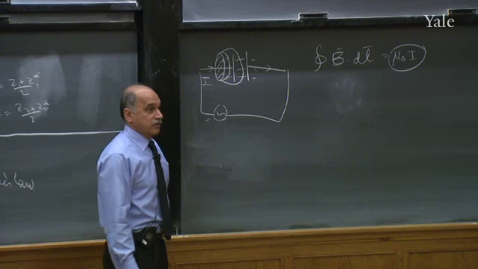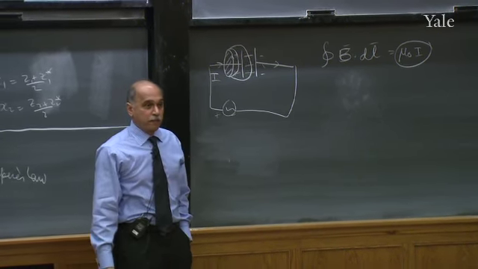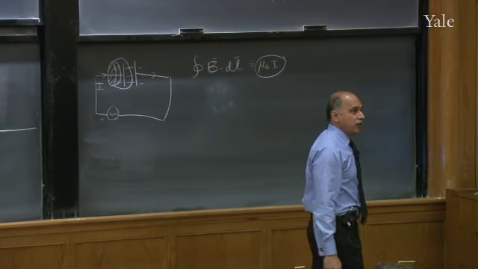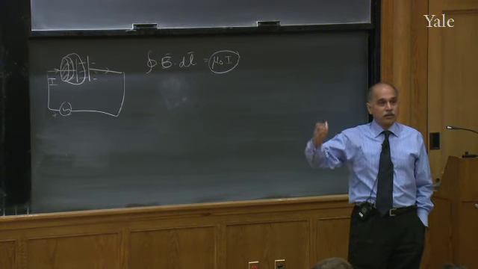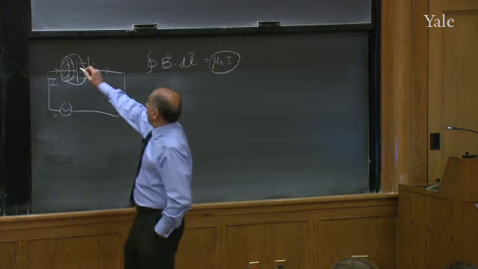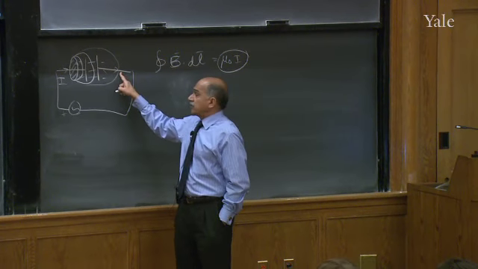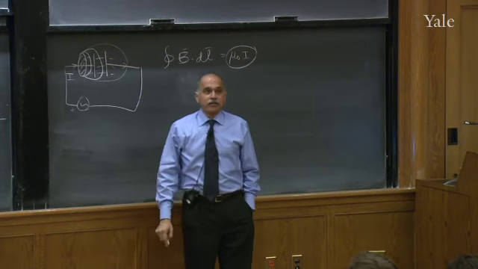That's my new surface. It goes all the way around one of the plates of the capacitor and comes back. Now I have a problem, because there is no current passing that surface. Nothing going on between the plates in terms of current. If I draw an even bigger one, like this one, I'm again okay, because now that same current is passing through this one. It's this surface in between where things don't work.